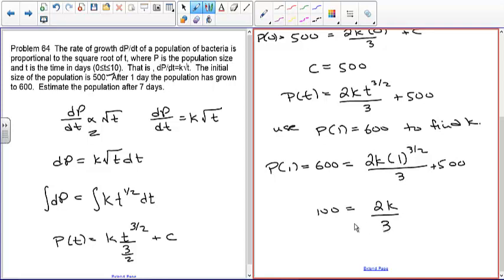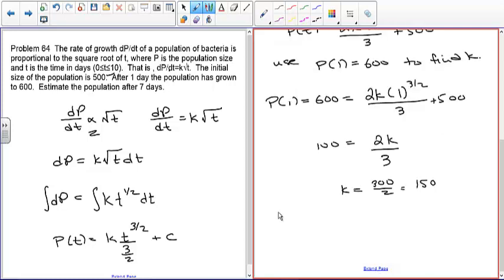Okay, so if we multiply by 3 and divide by 2, you'll get 300 divided by 2 is 150. So k is 150. Now our equation is P of t equals 2 times 150 divided by 3 times t to the 3/2 plus 500.